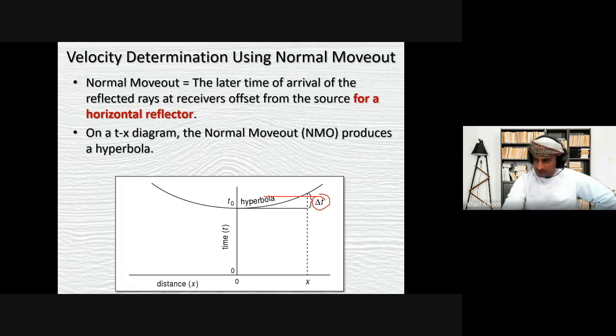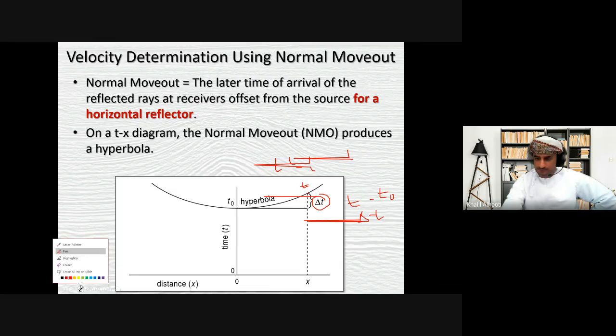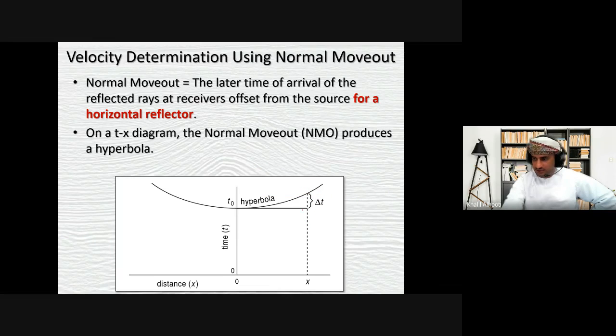The difference, this is delta T, the difference between T and T naught. T minus T naught gives you delta T. That's T naught.